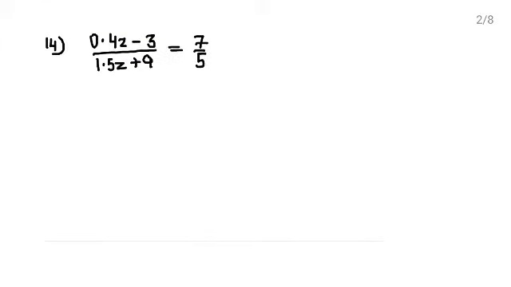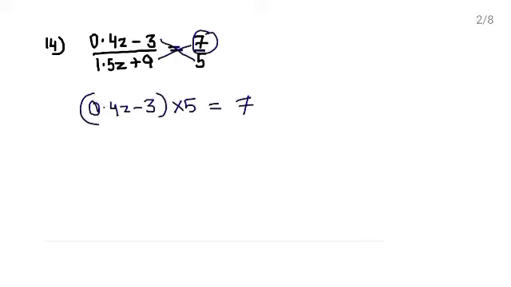Next, question number 14, again cross multiply this by this, right? 0.4z minus 3, this whole has to be multiplied by 5, clear? Equals to, multiply this 7 by this expression, which is 1.5z plus 9.